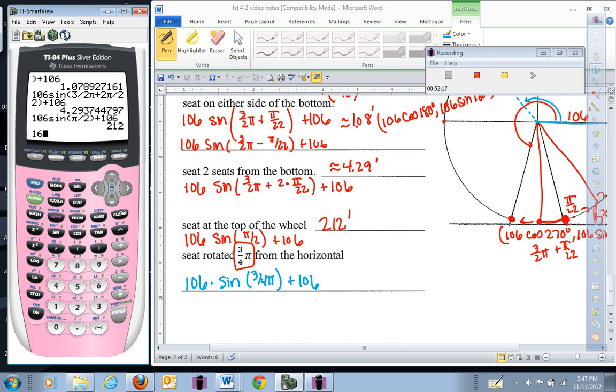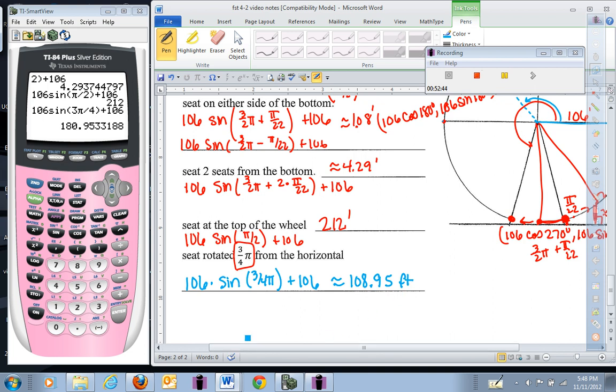I'll go up and jump on this one. You guys can fix this one. I want to change this to a 3/4 pi. Then insert 3 pi over 4, right? Alright, so how high off the ground will we be? We'd be about 180.95 feet off the ground.